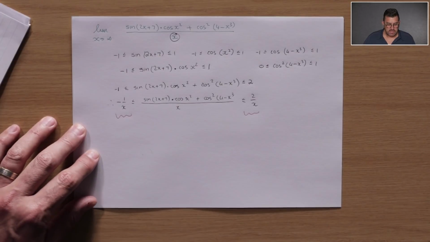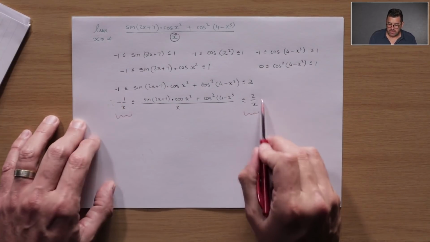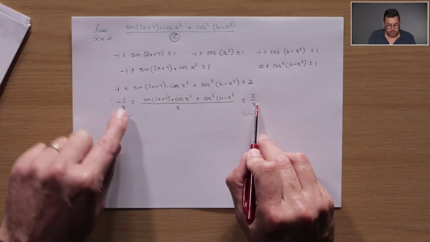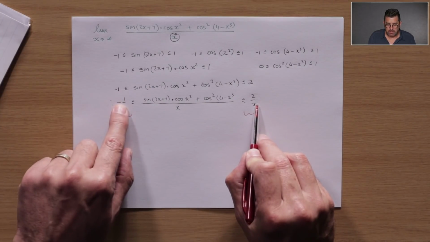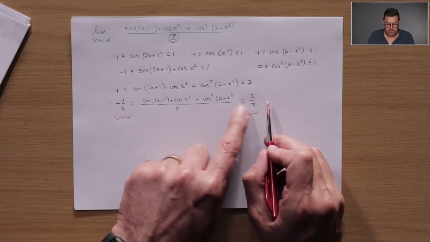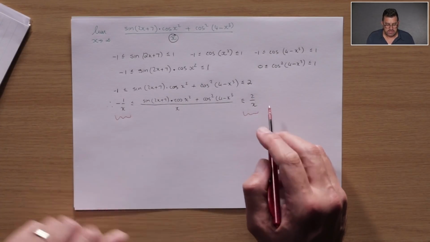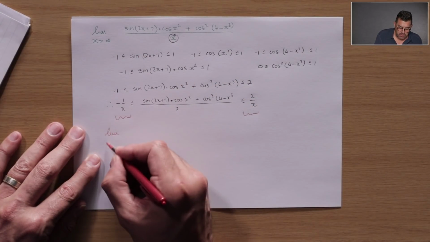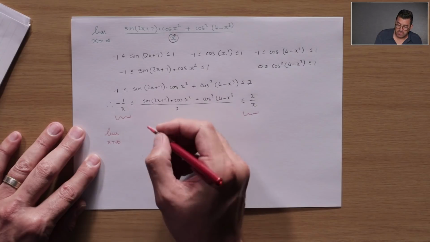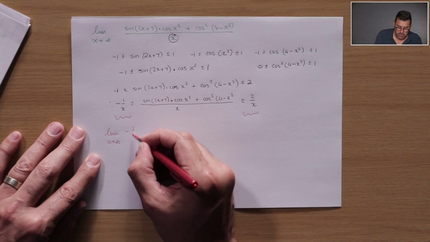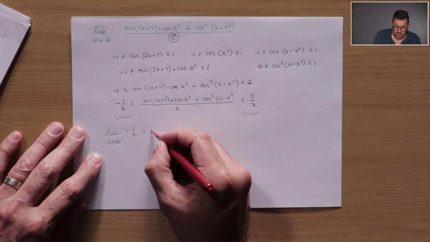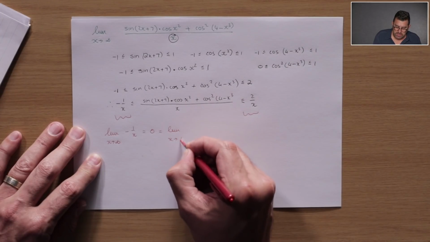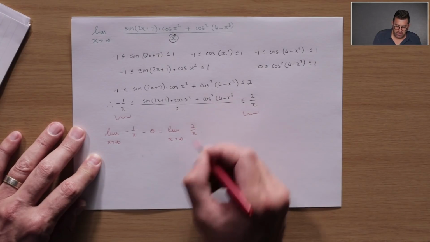And I can see that you're understanding this concept. I think it should be well understood now. If this bottom becomes very big, this becomes naught, that becomes naught. So the squeeze theorem will tell us that the thing in the middle becomes naught. So let's just say the limit when x approaches infinity of -1 over x will be 0. And that is the same as the limit when x approaches infinity of 2 over x.